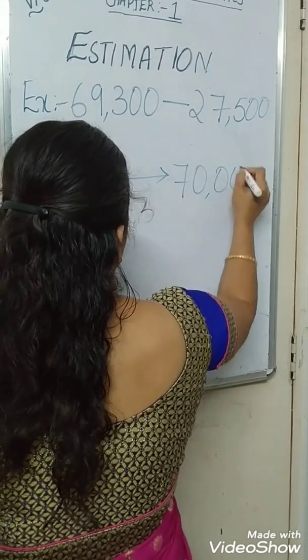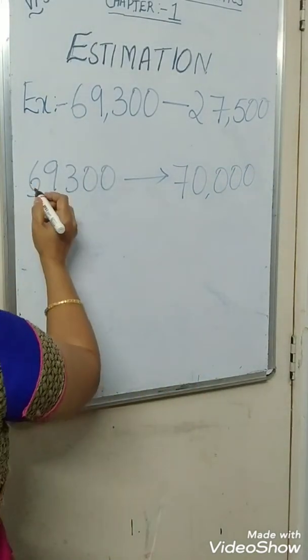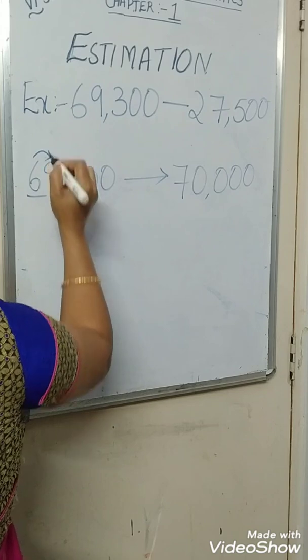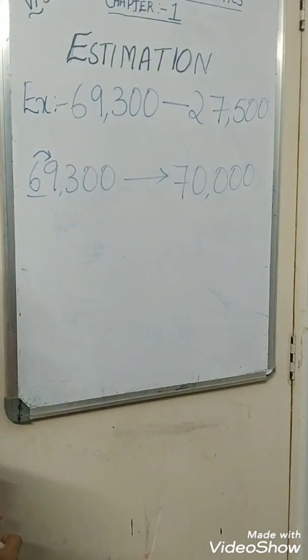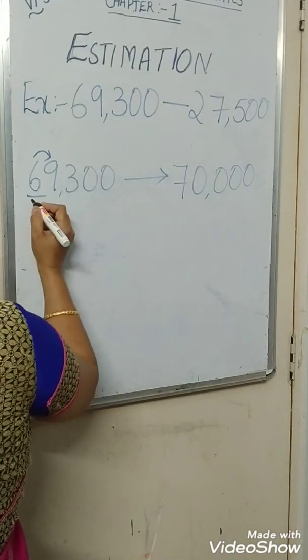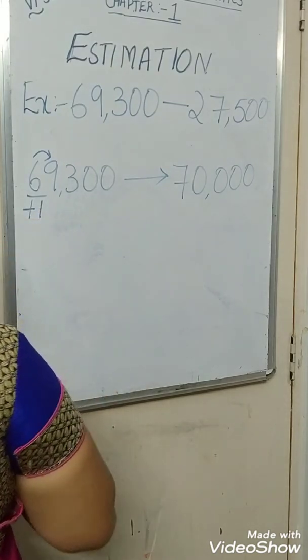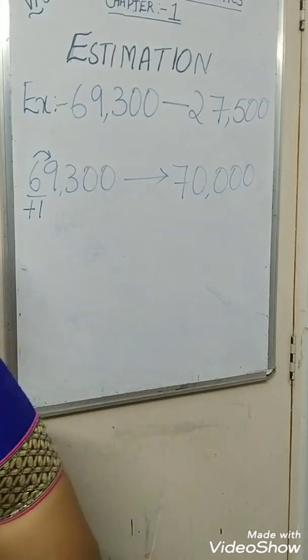Do you know why do we estimate it to 70,000? When we look at the number in the thousands place, the number is 9. Since the number is more than 5, we add 1 to this number. So, we get the answer as 70,000.